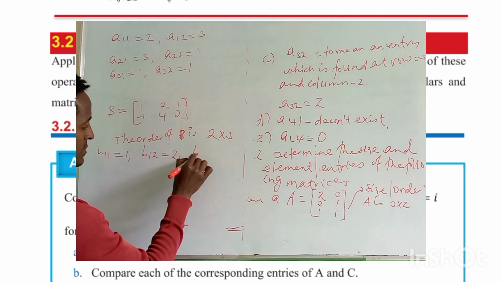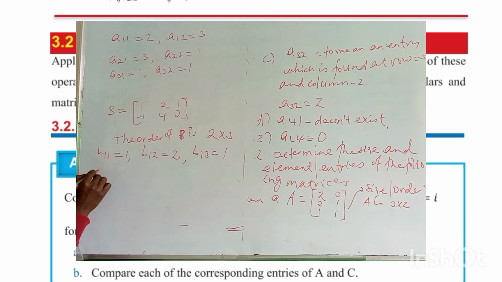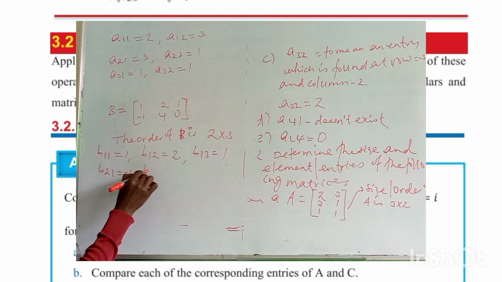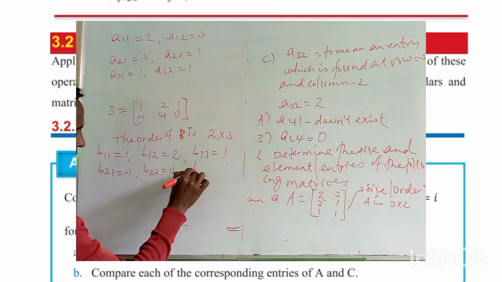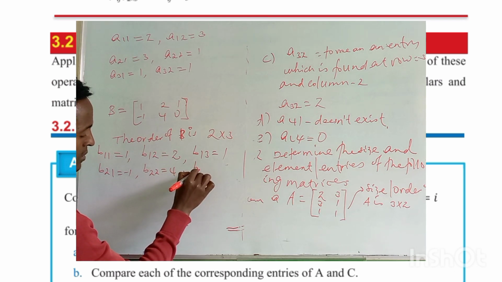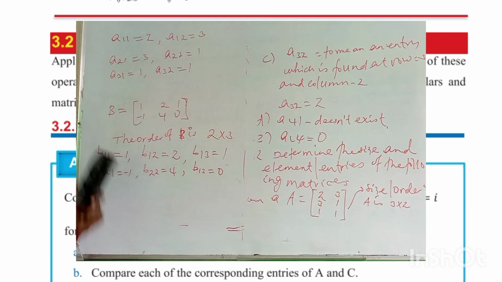The other one is B13, which is 1. B21 is minus 1, B22 is 4, while B23 is 0. So these are the entries of matrix B.